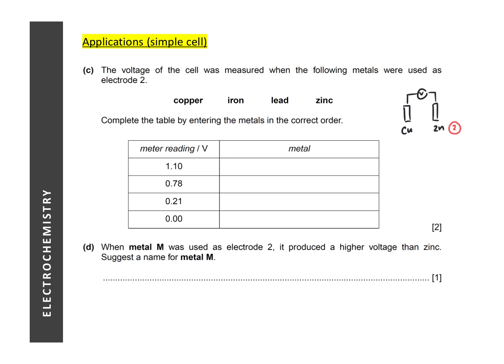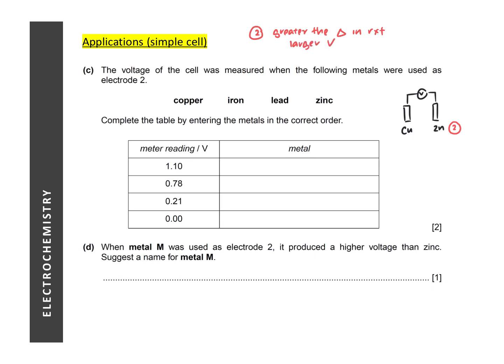The second important concept in a simple cell is this: the greater the difference in reactivities between the metals used in the two electrodes, the larger will be the voltage produced.